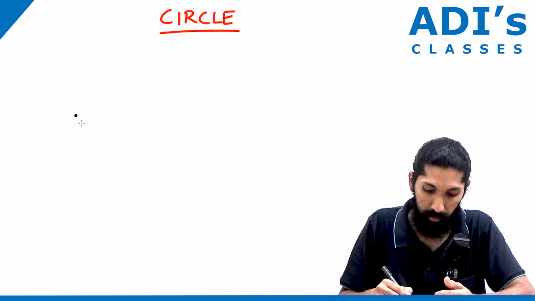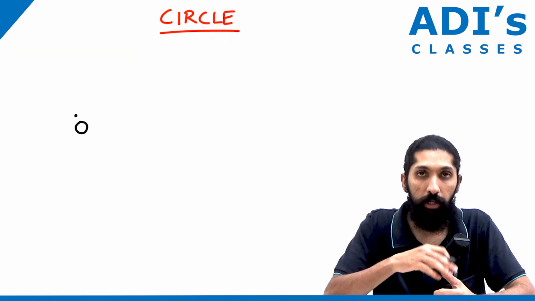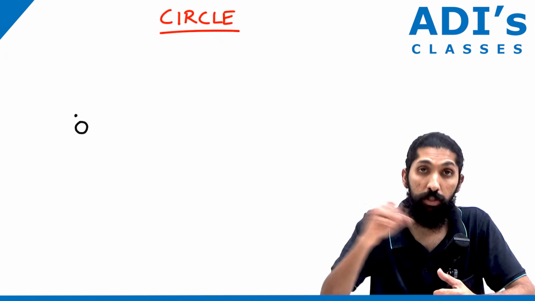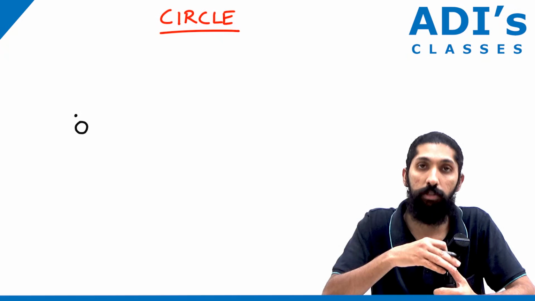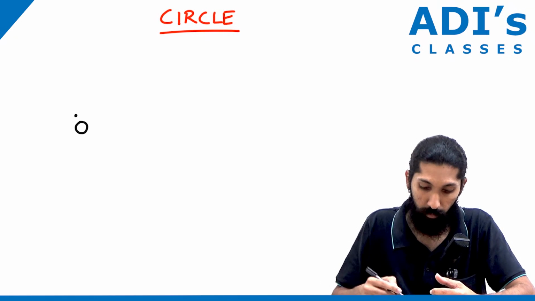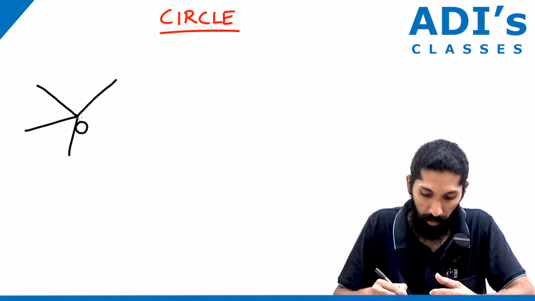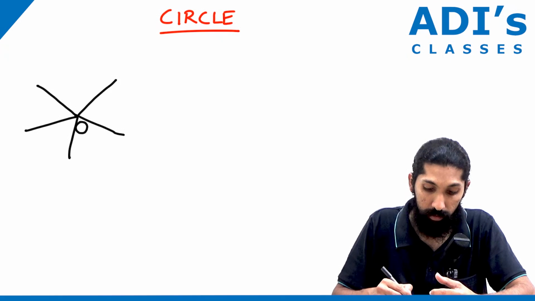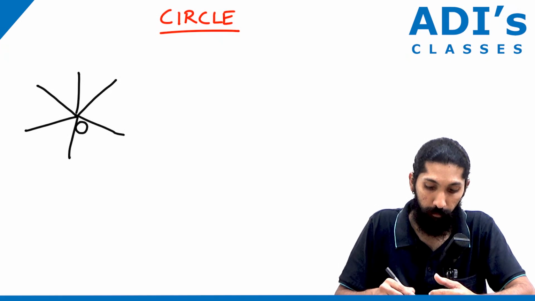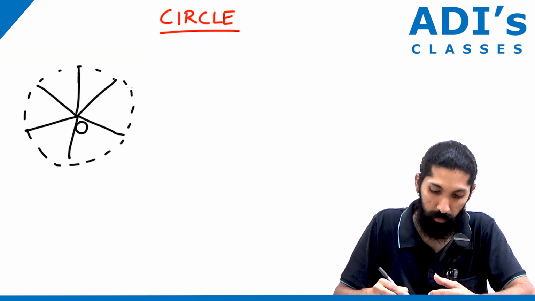Let's call that point O. Now the point is moving in such a way that it's always at a constant distance. Wherever you take, here, here, here, anywhere, it's at a constant distance. Now, if you join all the points, you are going to get a circle.